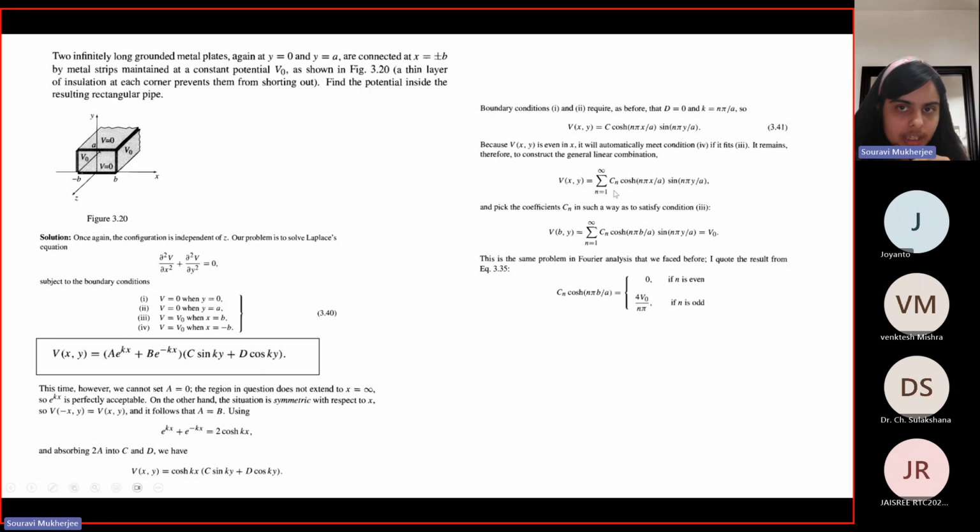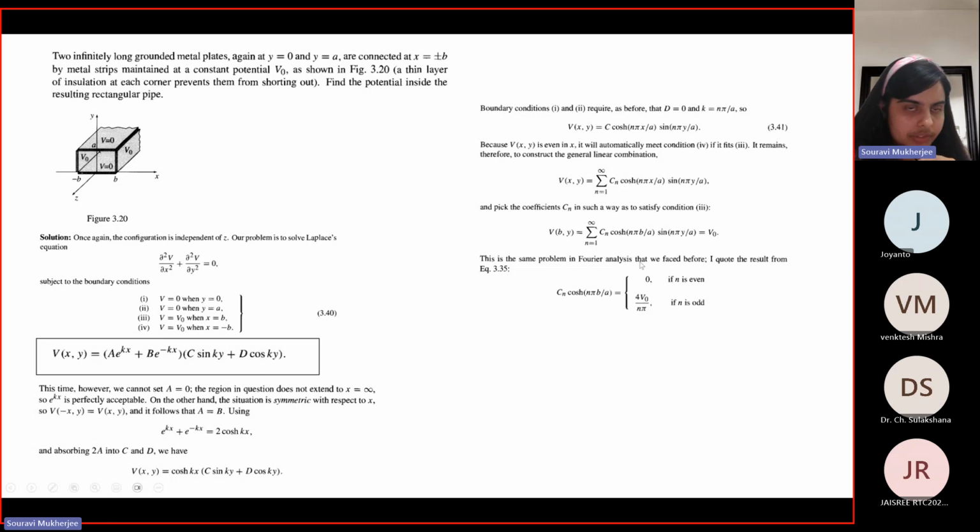So what we do now, similar to the last case, is consider that for different values of n, all of them are individually solutions of the Laplace equation. So we take a linear combination and then we apply this boundary condition which says that at x equal to b, your b should be equal to b.